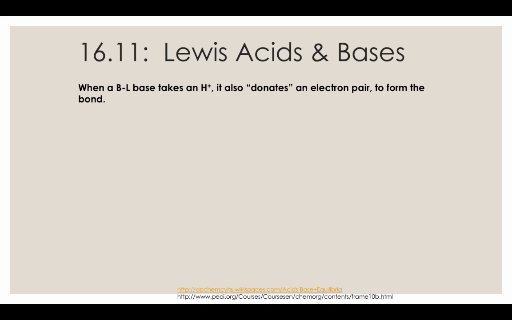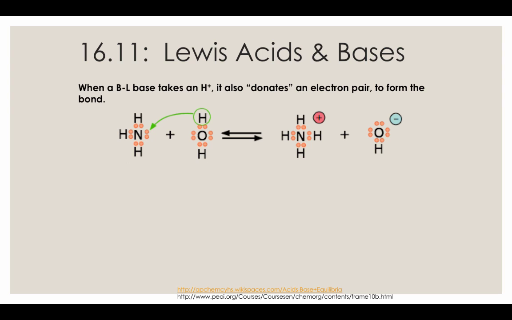While studying acids and bases, the chemist G.N. Lewis discovered that when a Bronsted-Lowry base takes an H+, it can also be said to donate an electron pair to form the bond to that H+. For example, under the Bronsted-Lowry definition, we would say that NH3 takes an H+ from OH-, making NH3 a base and H2O an acid.